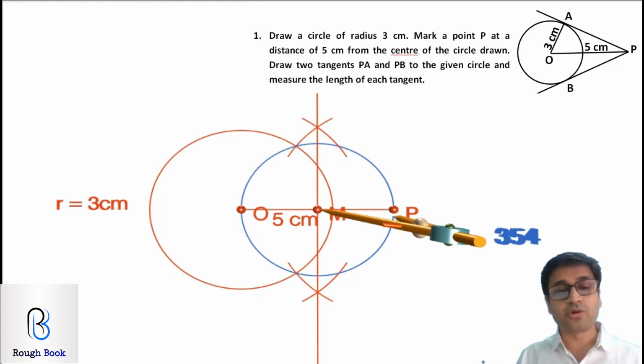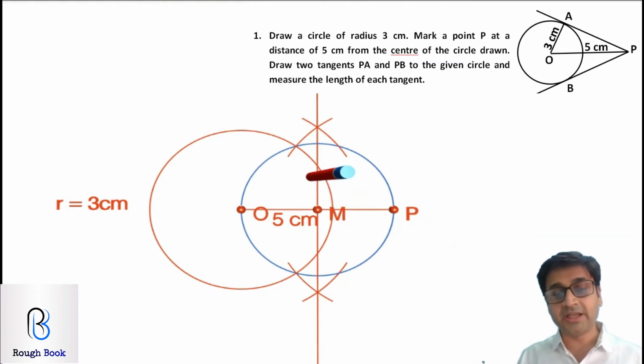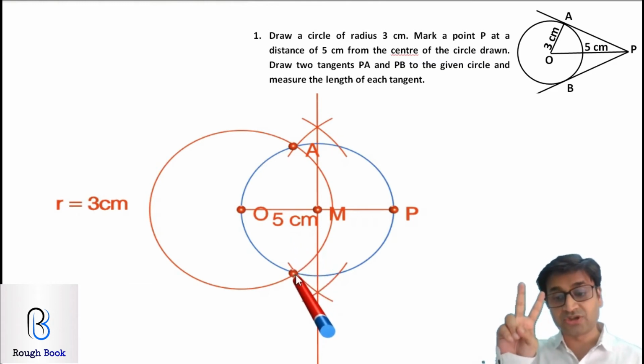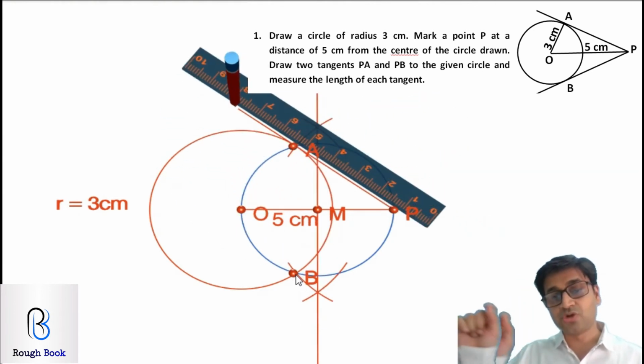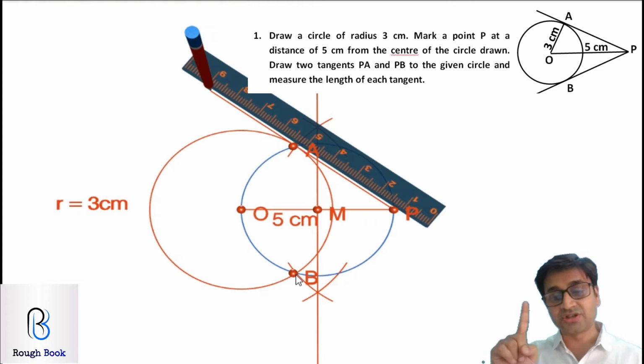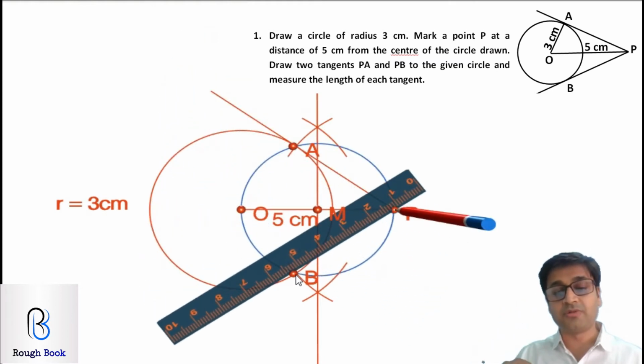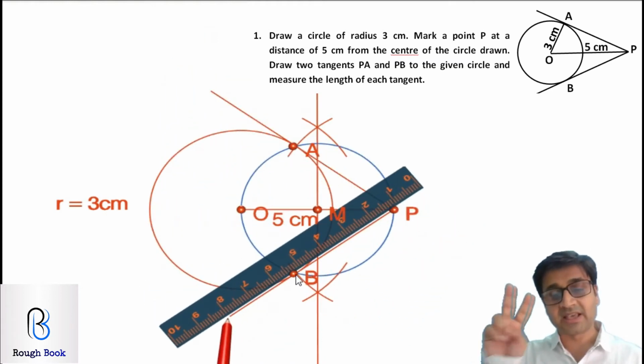So let's see how to draw it. I'm fixing my point A at this point of intersection, taking a scale, connecting it with P. This other point I'm taking as B because there are going to be two tangents, remember that. One on top, one at the bottom. So from P, if you join A, you get your first tangent. And now again from P, if I join with B, I will get my second tangent.